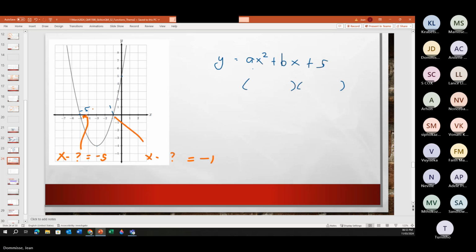Okay, so then to solve that, we would just say, well, that is equal to 5 and that is equal to 1.